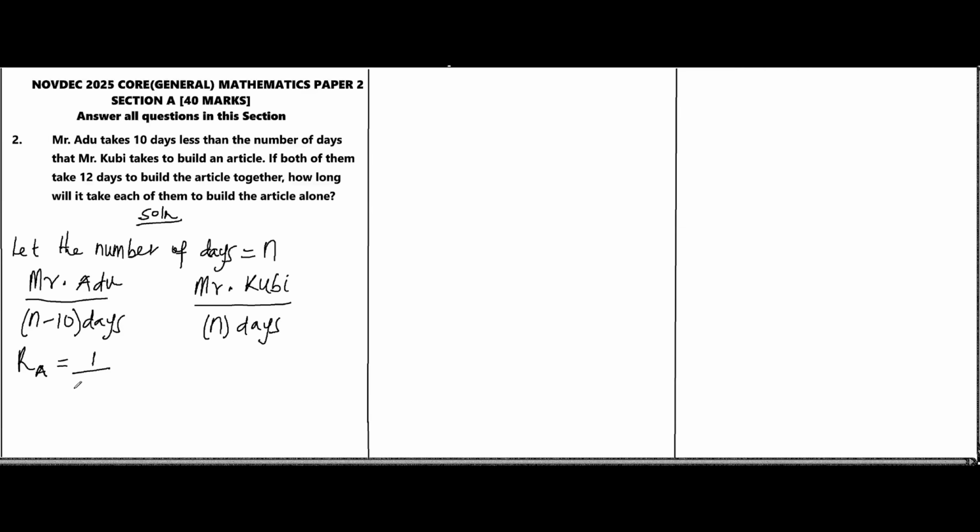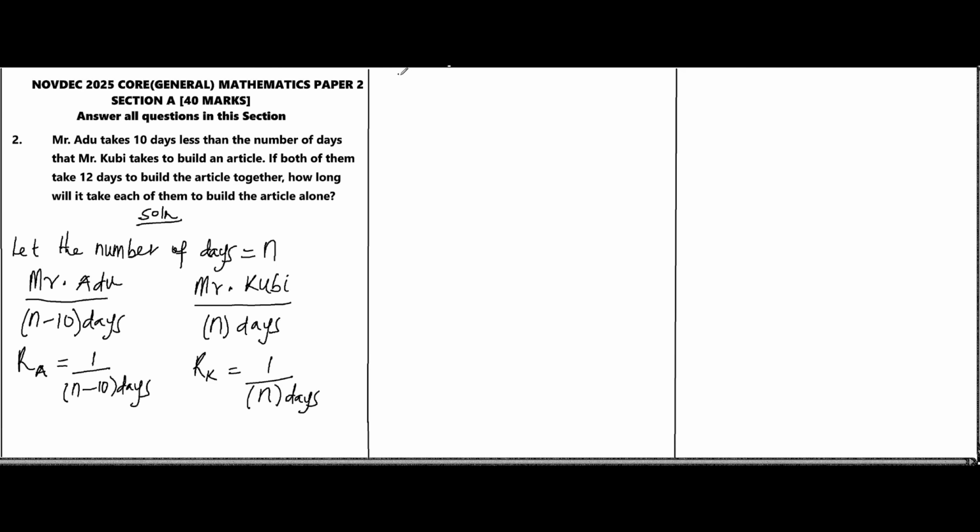For Mr. Edu, the number of days is n minus 10. That is his rate. And then the rate of Mr. Kubi, we are looking at one article built in some number of days. So these are their individual rates. Rate of Mr. Edu, 1 out of n minus 10 days. Rate of Mr. Kubi, 1 out of n days.